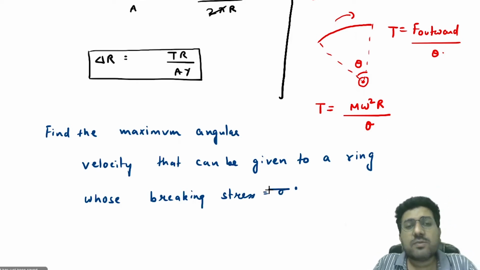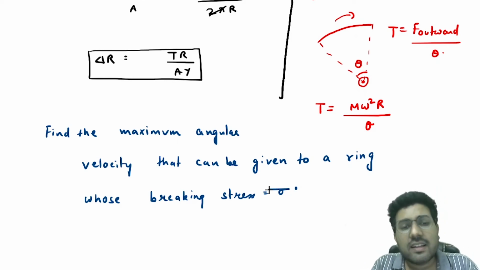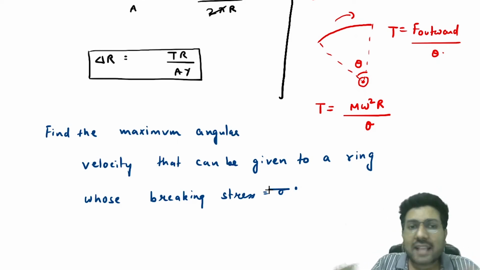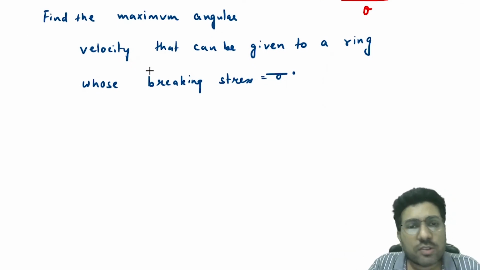So that means what they are saying is the maximum stress that this ring can handle is sigma. Then what is the maximum velocity that we can give, or maximum angular velocity that we can give?